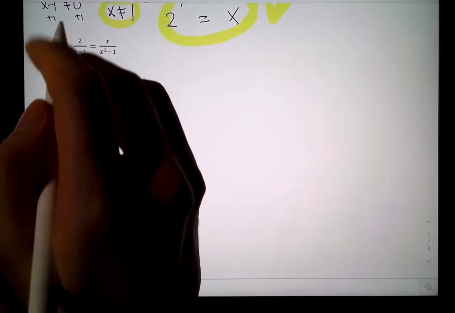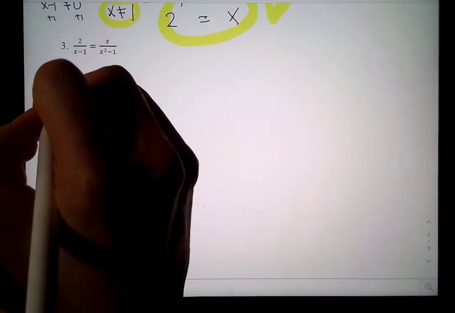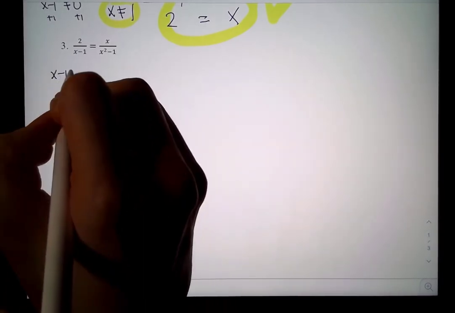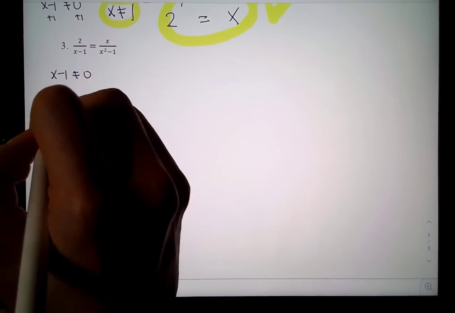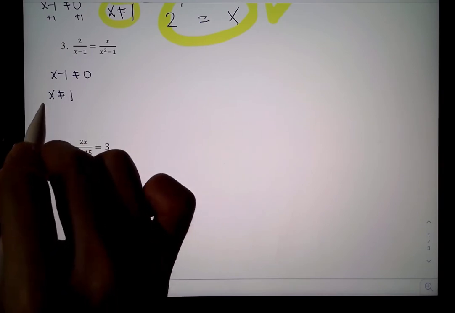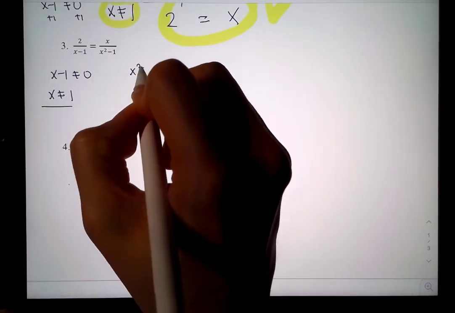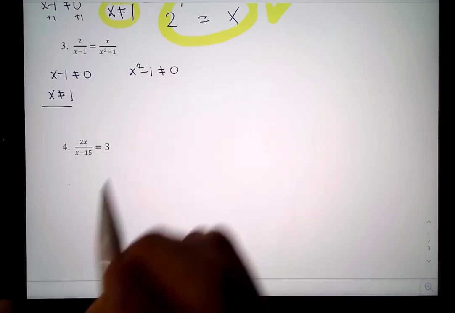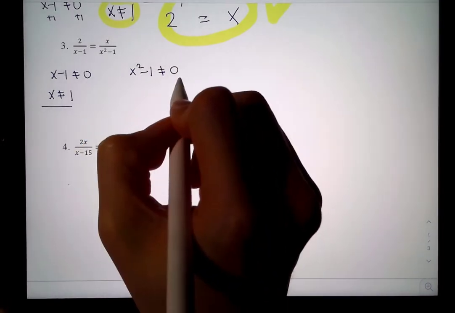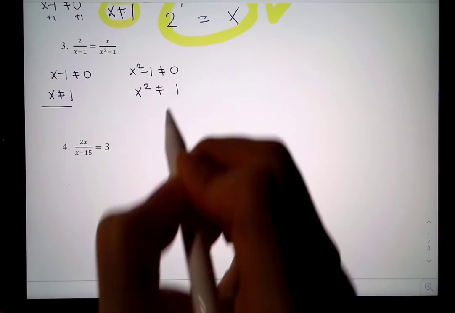That's my solution. Alright? And look at number 3. Same thing. So I'm gonna get my undefined value first. So x minus 1, not 0. So from here I get x is not equal to 1, right? This is one of my undefined values. And from here, x squared minus 1 is not equal to 0, right? So plus 1, plus 1. Then you get x squared is not equal to 1, right?